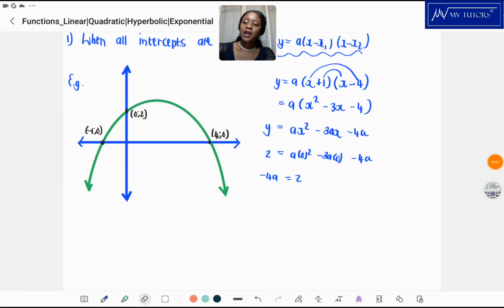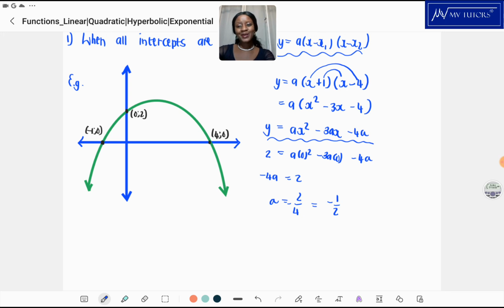Now we're going to solve for a. Then a will be 2 divided by negative 4, which is just negative a half. That does make sense, that it's a negative value, because you have a sad face parabola. Now that we have a, remember that we have this equation over here.